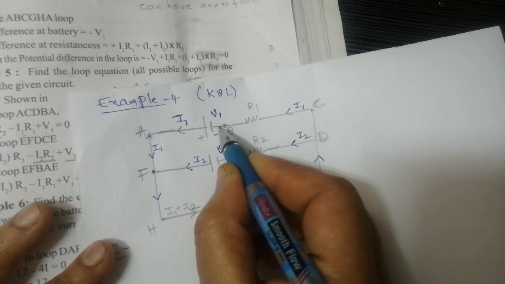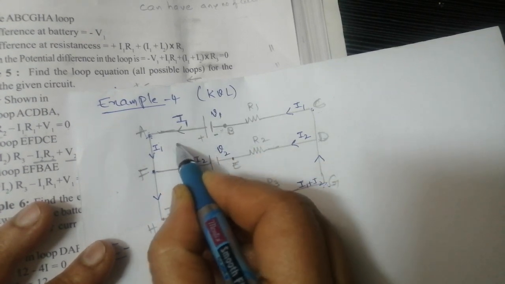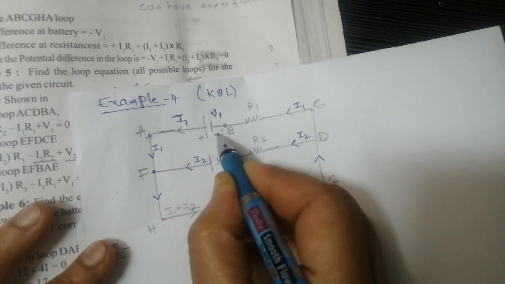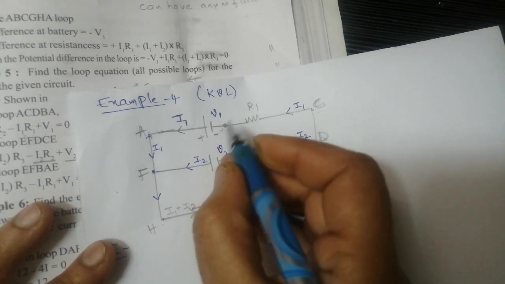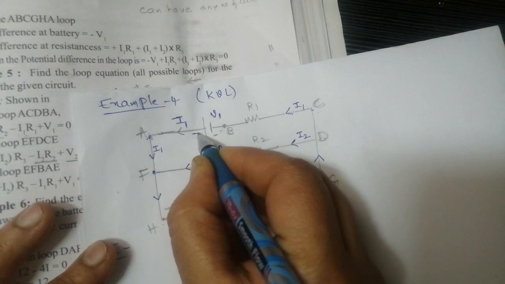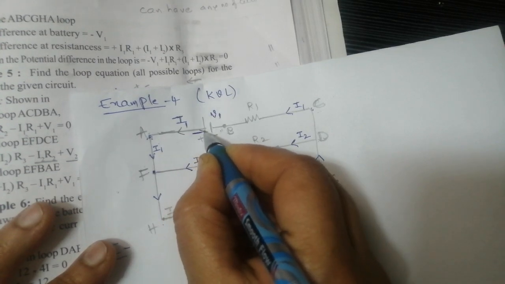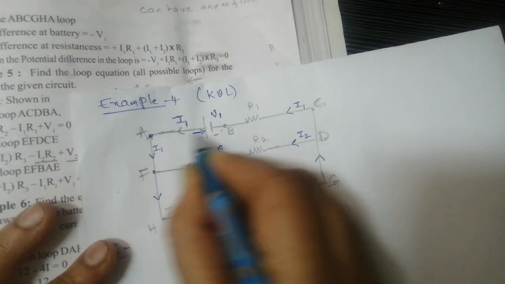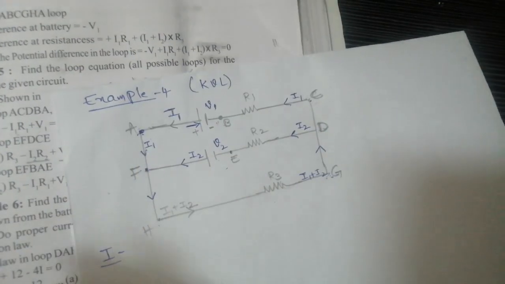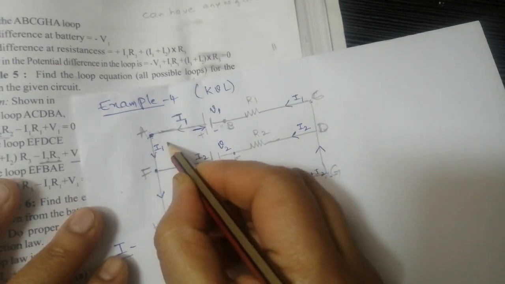So A to B, we are considering the path. From A to B there is one cell, so the circular path goes in this direction. I am taking only the circular loop path, starting from here, like this.